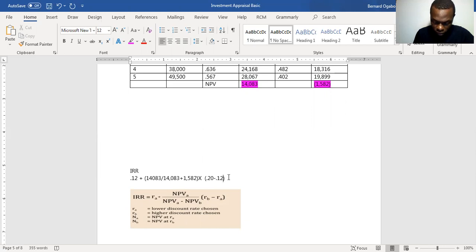Then multiplied by 0.20 minus 0.12 equal to times 100.